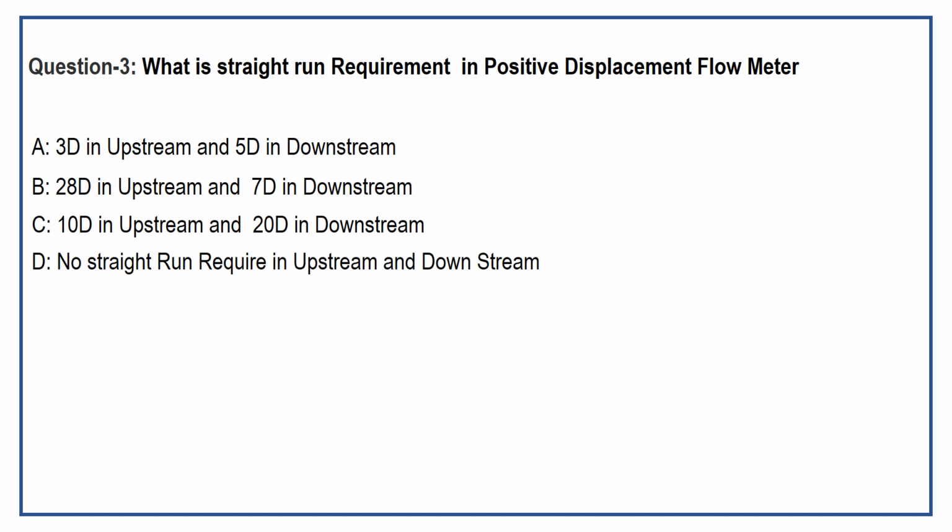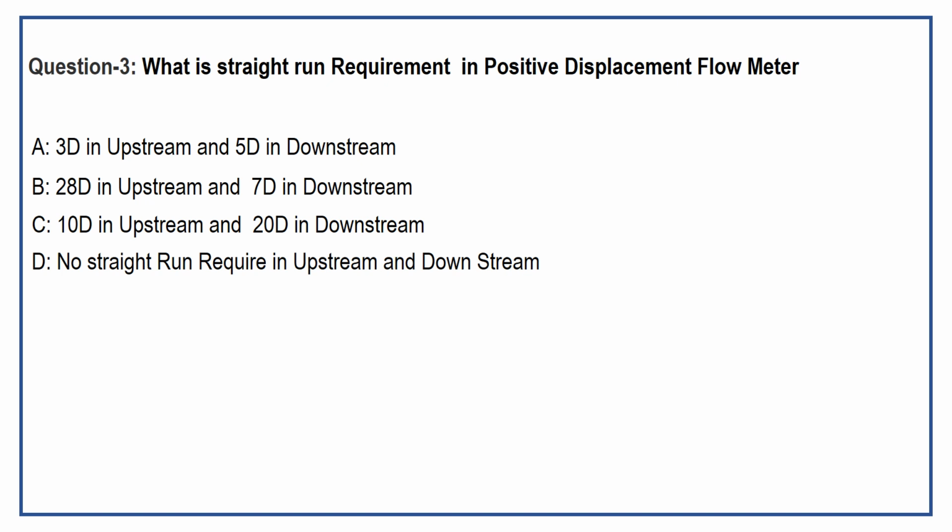What is the straight run requirement in positive displacement flow meter? And the options are: option A, 3D in upstream and 5D in downstream. Option B, 28D in upstream and 7D in downstream.